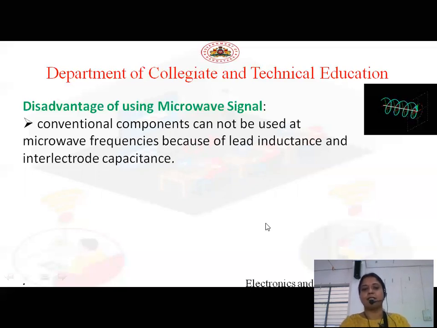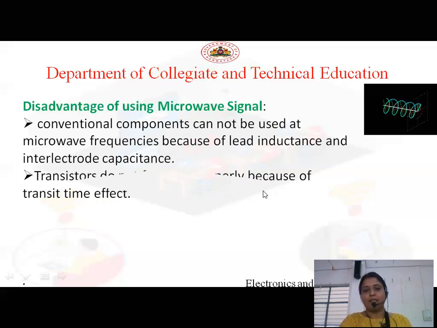Later we will study that one. Due to this problem also, we cannot use those devices. Therefore, for microwaves, we need special devices only. And also transistors do not function properly because of the transit time effect. Due to the transit time effect, the transistors are also unable to work correctly. This also we'll see later.